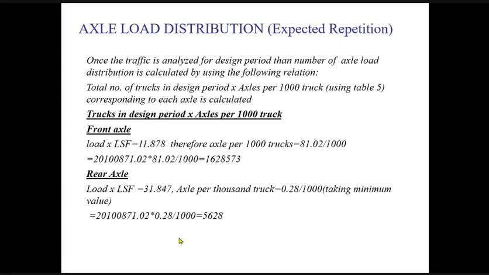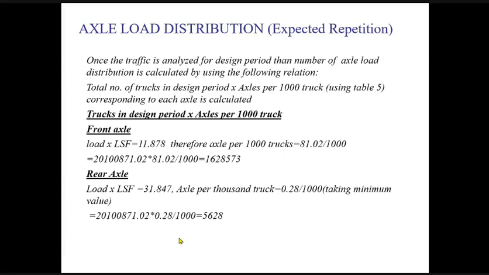Remember your basic lecture, kindly refer to it. That 1.2 truck, a fully loaded truck, had a front axle load of around 11.878 kips, and a rear axle load of around 31.847 kips.